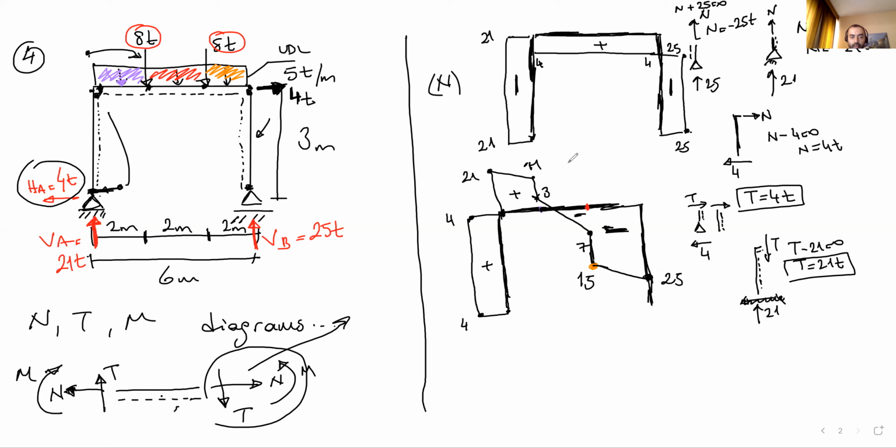So that's okay. Let's have a look at the right column. What is the shear force on the right column? So let's cut the system from here. Vertical force is 25. When we cut the system, is this a left cut or right cut?